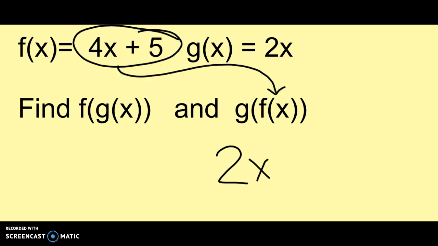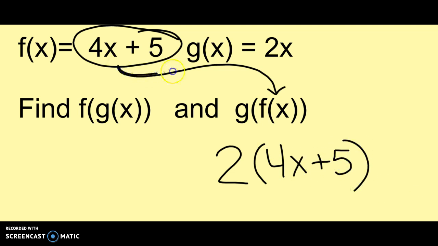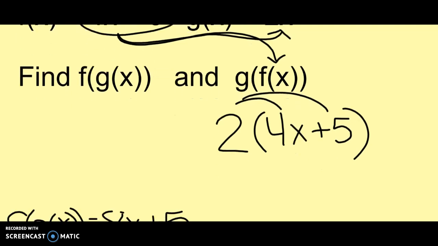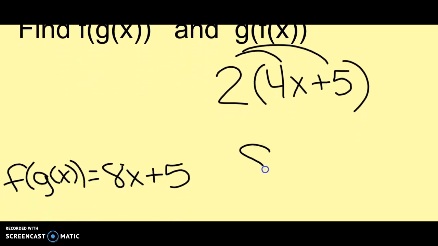So the f function goes in place of the x, and this becomes 2 times the quantity 4x plus 5. Okay? So think of it like that. If it helps to just do it like that and look at it like that, do that. Now we distribute, because that 2 is going to go over everything, and we get 8x plus 10.